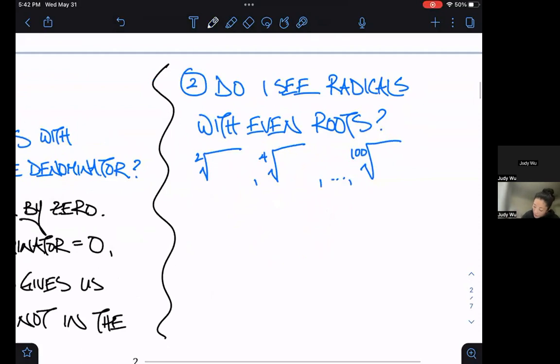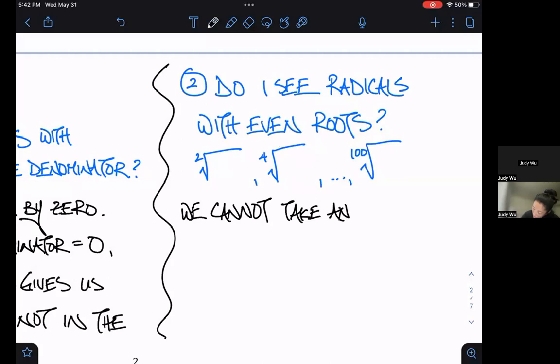You're going to remember that we cannot take an even root of a negative number. All right, we cannot take the even root of a negative number.